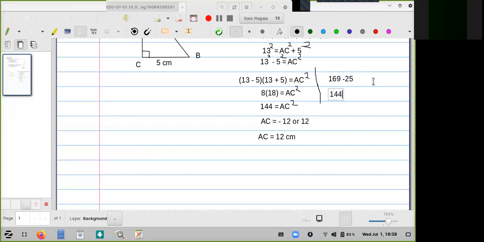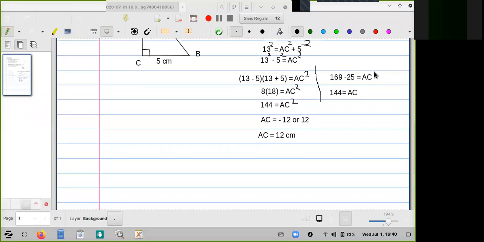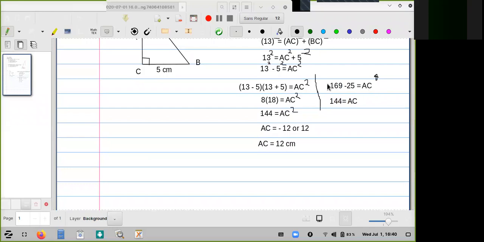Which is the same as this other number here, which is also equal to AC squared. Then from there we go back to find the values that we are squaring there, which is minus 12 or positive 12.